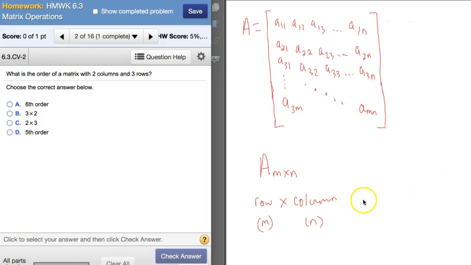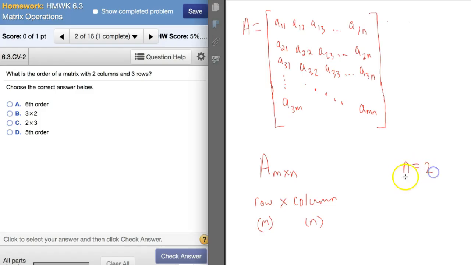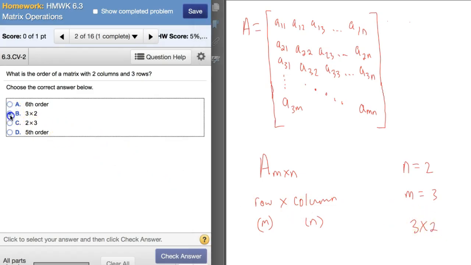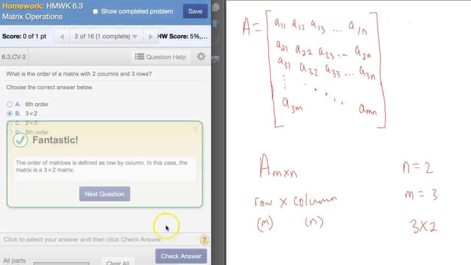Order is another way of saying dimension here. If we have 2 columns, then our N is going to be 2, and with 3 rows, our M is going to be 3. Of course, we go M by N, so that should be a 3 by 2 matrix.